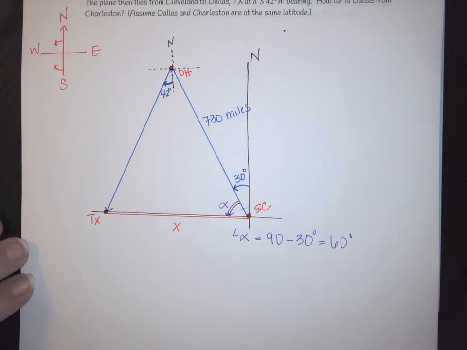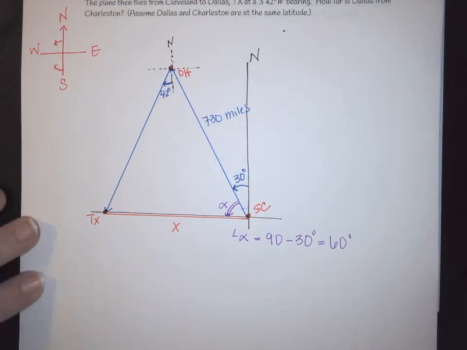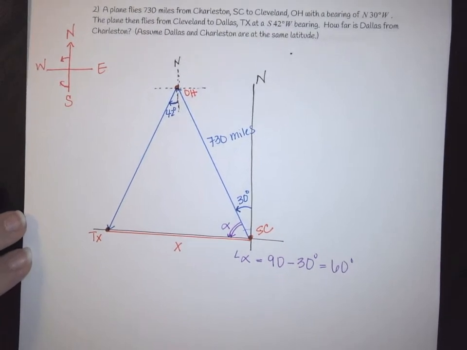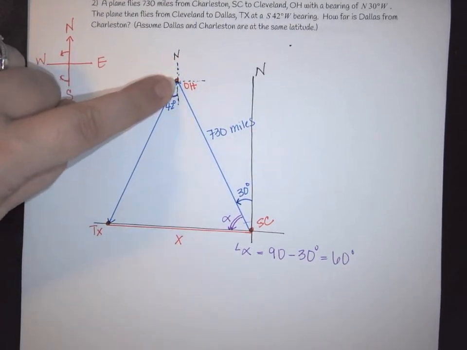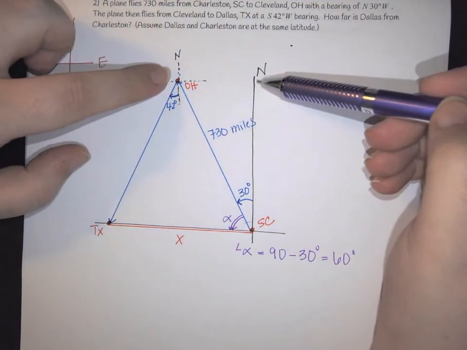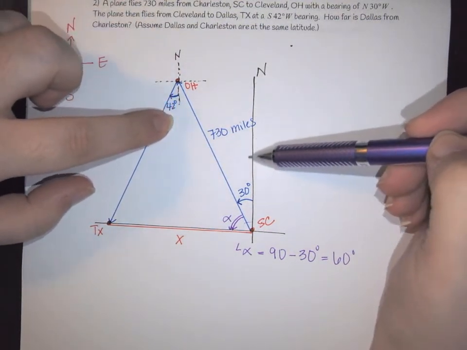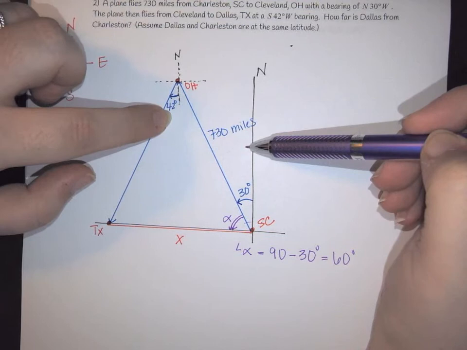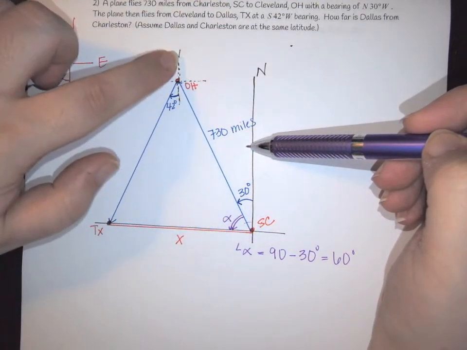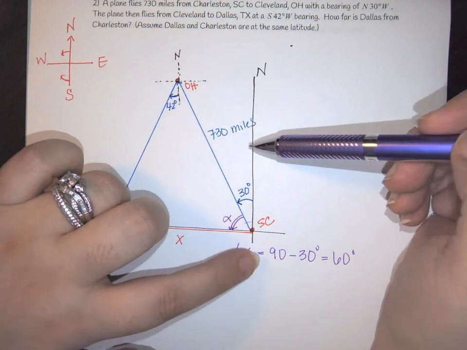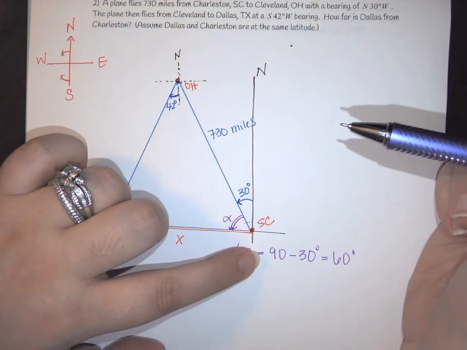So how exactly does that help? Well, if you remember from geometry class, we have a rule that says if you have two parallel lines, and these two north lines would be two parallel lines here, and you cut them by a transversal, then your opposite interior angles will be the same.